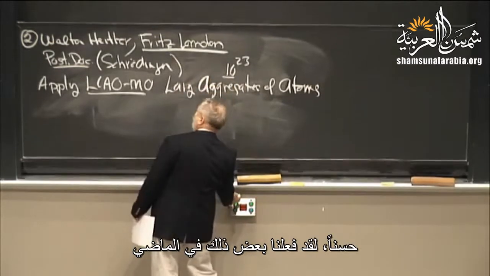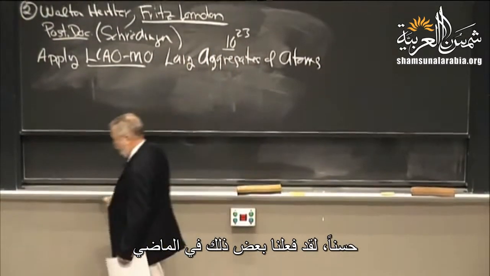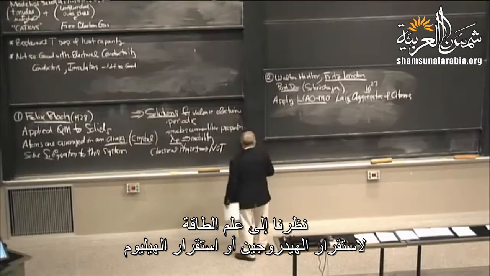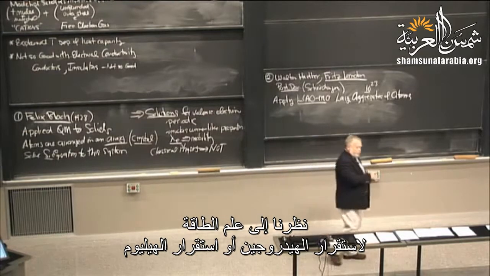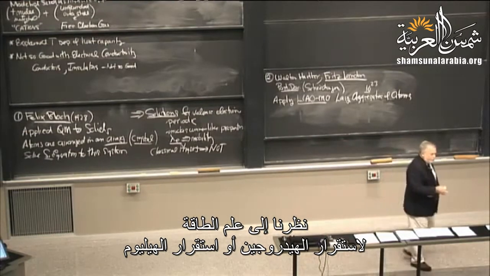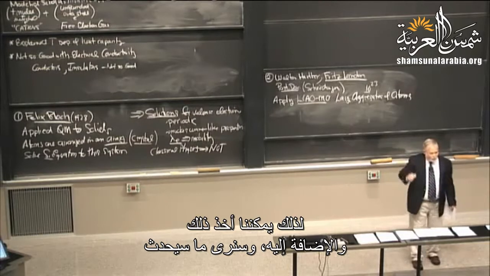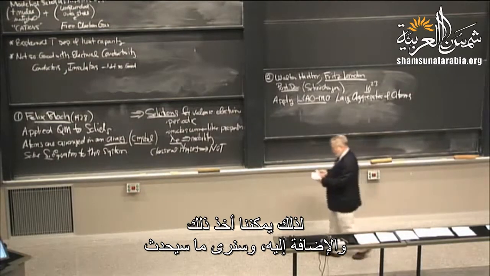And let's see what happens. Well, we've already done a little of this in the past. We looked at the energetics of the stability of hydrogen or the stability of helium, so we can take that and kind of add up, and we'll see what happens.